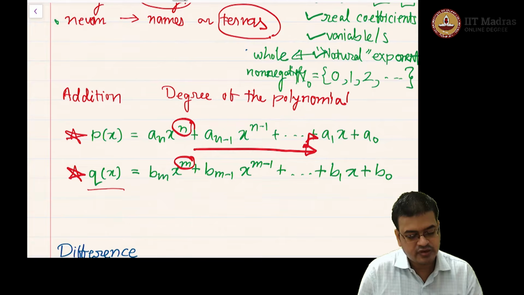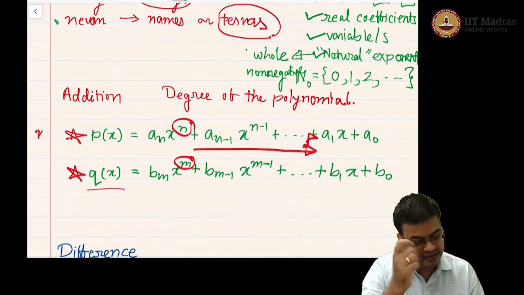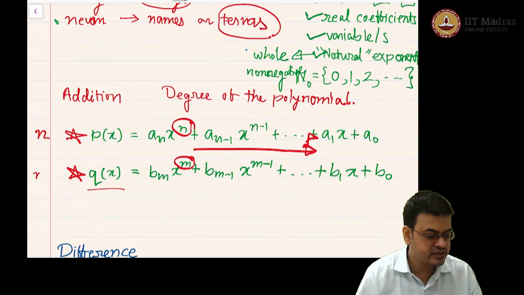So the degree of p(x) is n, and the degree of q(x) is m.